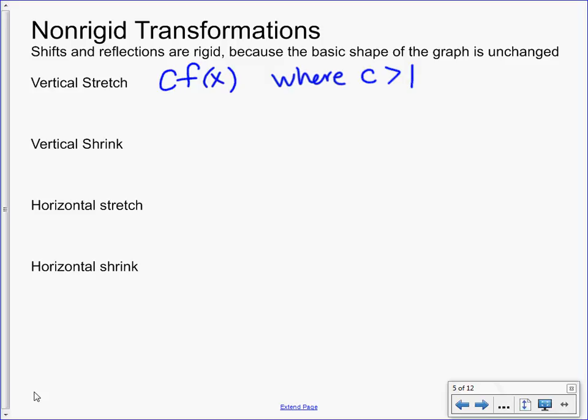To apply this transformation, we're going to multiply our parent function y values by whatever C is. So whatever our y values are for our parent graph, you're going to multiply them by C. So this graph that I have up here, all of these y values, if I multiply them by 2, that's where they are in our new graph.